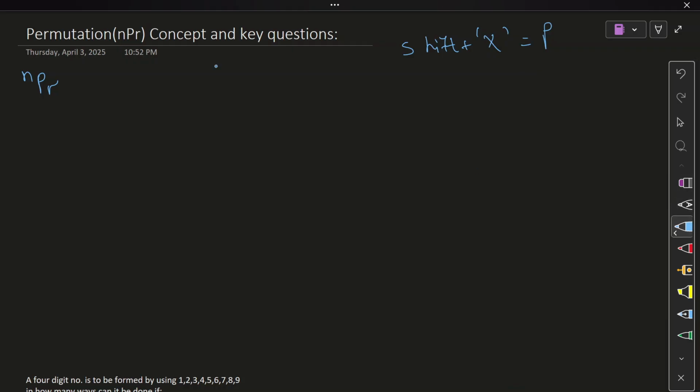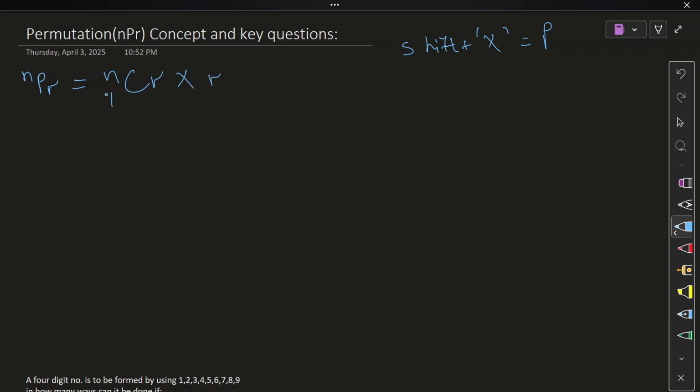Moving on. Now, what is nPr and how is it linked with combination and factorial? Very simple. What nPr does is it selects first. It selects your requirement. You know what n is, you know what r is, you know what C is. It selects the different combinations, and then from the combinations you have selected, it rearranges them.